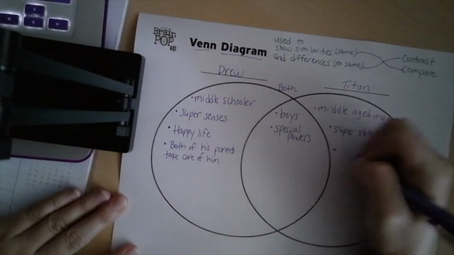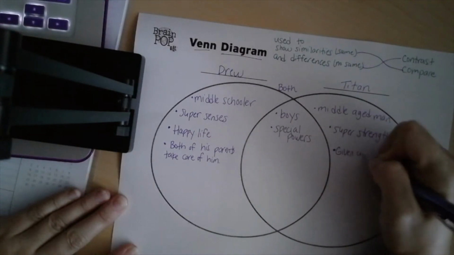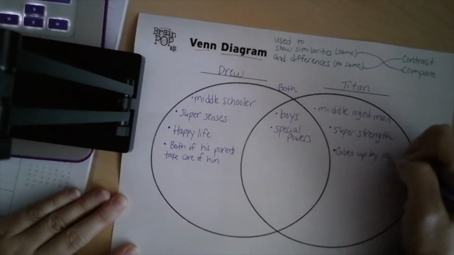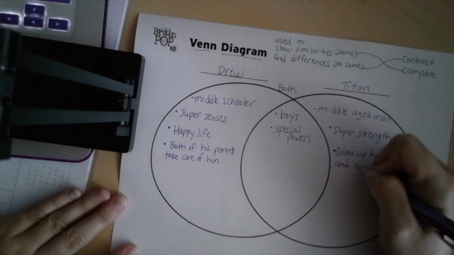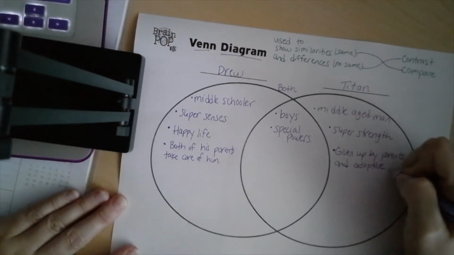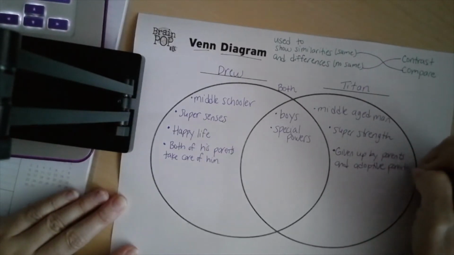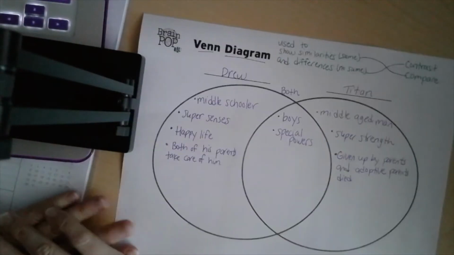Remember that the Titan was given up by his parents, and then the adoptive parents that took care of him and loved him died. Okay?